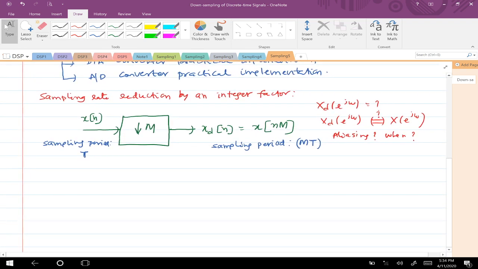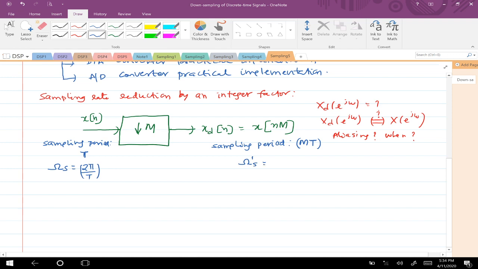By the way, if I am getting x of n from a continuous time signal, can you tell me what was the sampling rate at which we would be sampling it? It will of course be 2 pi by T. Let me call it omega subscript s.